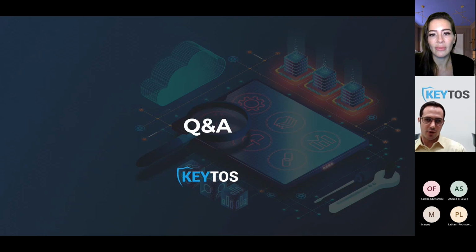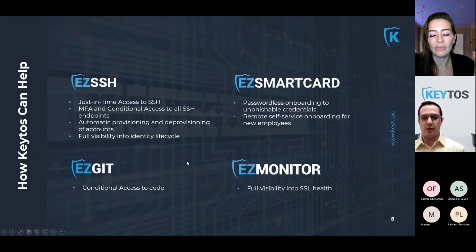Okay, so I see the question of where can the Easy Smart Card be implemented? Since we work with highly secure and highly compliant companies, I like to call it the security dial. We can go from fully on the cloud, SaaS, where you click and it's up and running, to fully on premise and anything in between.